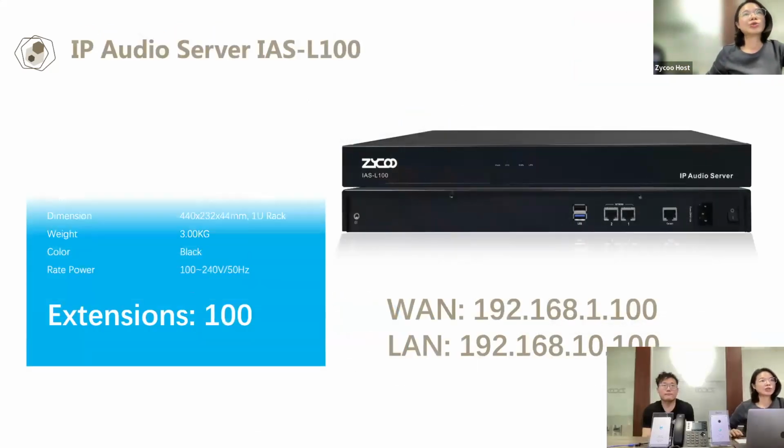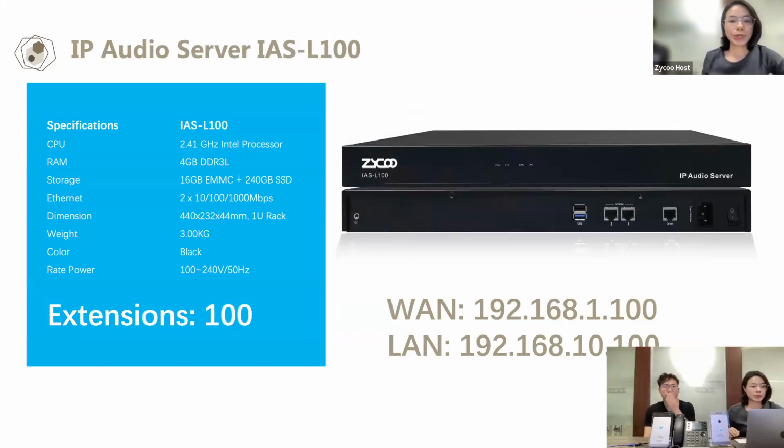So let me introduce the ISL100 very quickly. These hardware servers come with 100 employee licenses. So if you are buying the ISL100, you don't need to buy an additional license to activate the server. It already automatically comes with the license that you need.